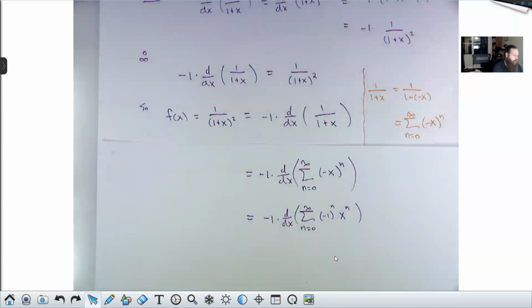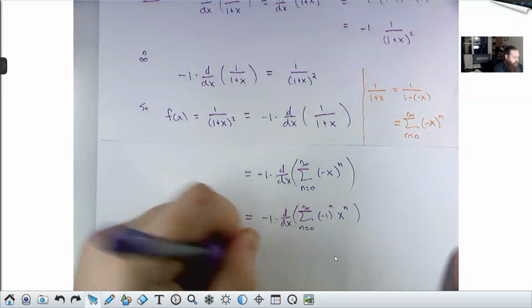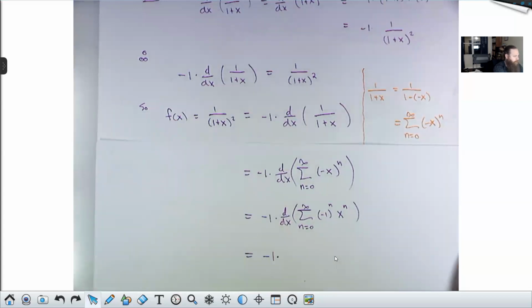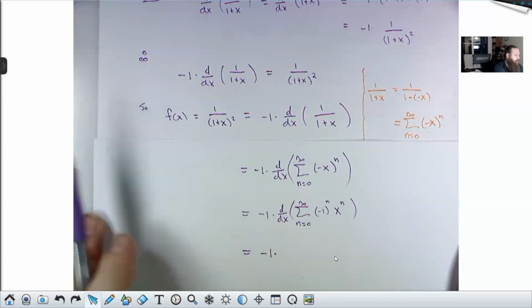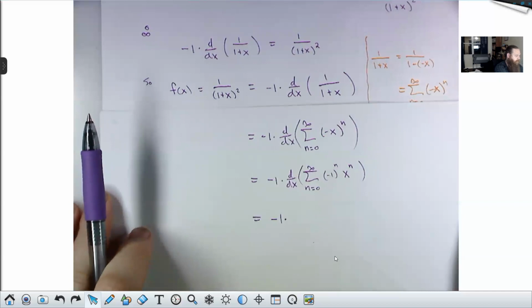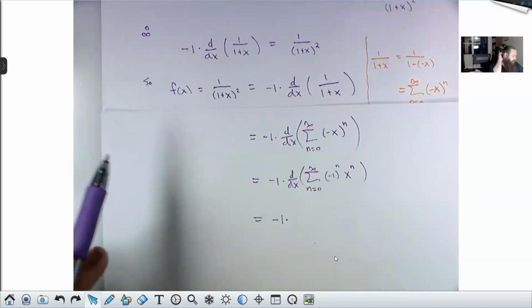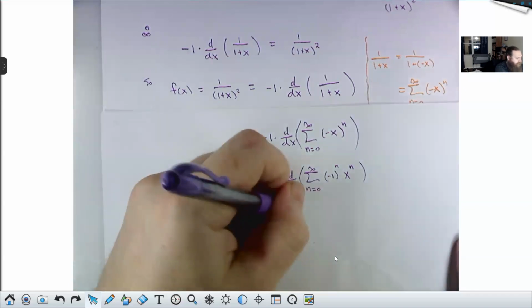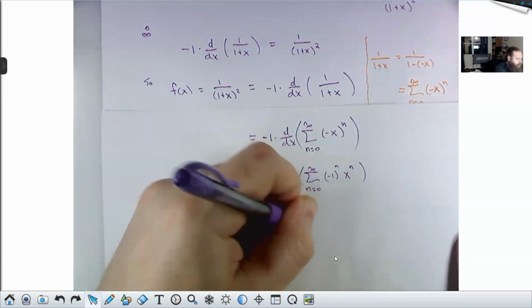So I'm going to differentiate this power series. Two things happen. This power series does have a constant term. The n equals 0 term is constant. The very first term of the series is 1. It's 1 minus x plus x squared minus x cubed. So the starting index will bump up by 1.